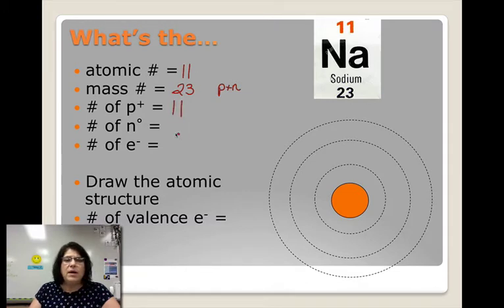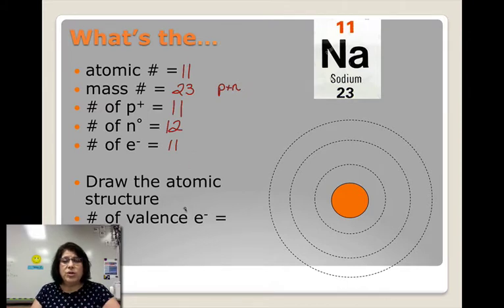That's 11. The number of neutrons, that one you have to actually calculate. This is protons plus neutrons. So if we have 23 total, 11 of them are protons. We can do a little subtraction problem there and get that we have 12 neutrons. And the number of electrons in a neutral atom is the same as protons. 11 pluses and 11 minuses makes it neutral.